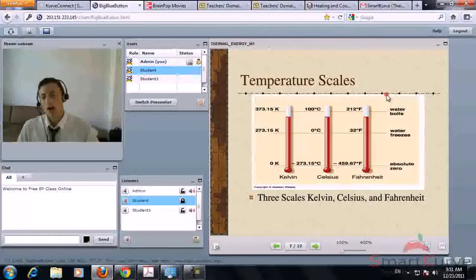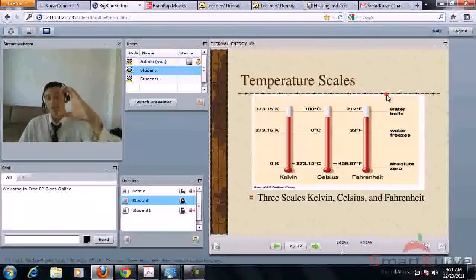Now, where Celsius has an interval of 100, we have an interval of 180. So you would have to multiply a Celsius degree by about 9/5 to get a Fahrenheit degree. A Celsius degree is much larger. So there's only 100 Celsius degrees, but there's 180 Fahrenheit degrees. So a Fahrenheit degree is much smaller.